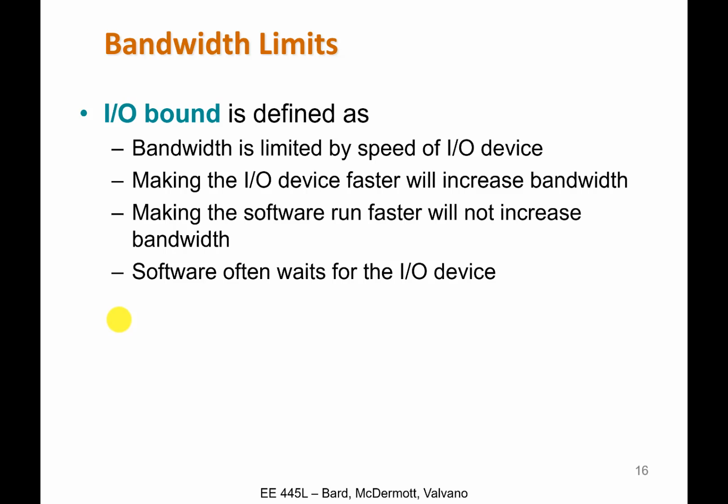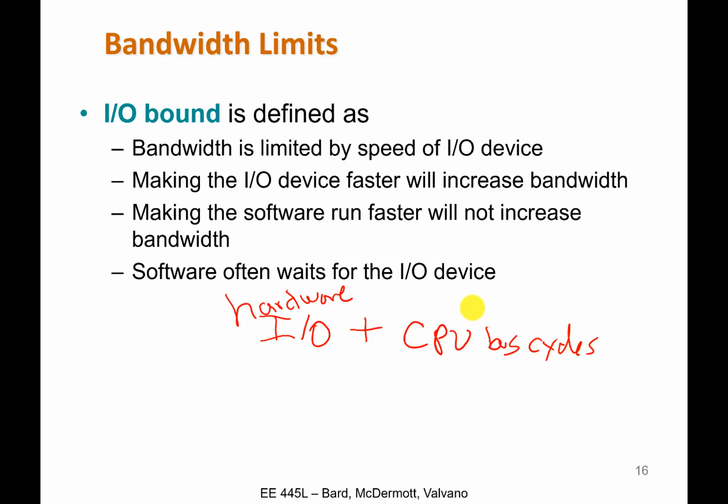All right. When we're trying to go fast, it's always good to put our finger on the bottleneck. If you think about what it takes to process data, data is going to be a combination of input-output or hardware, and CPU bus cycles, or software. Okay? So there's always both of which have to happen in order for data to be processed.